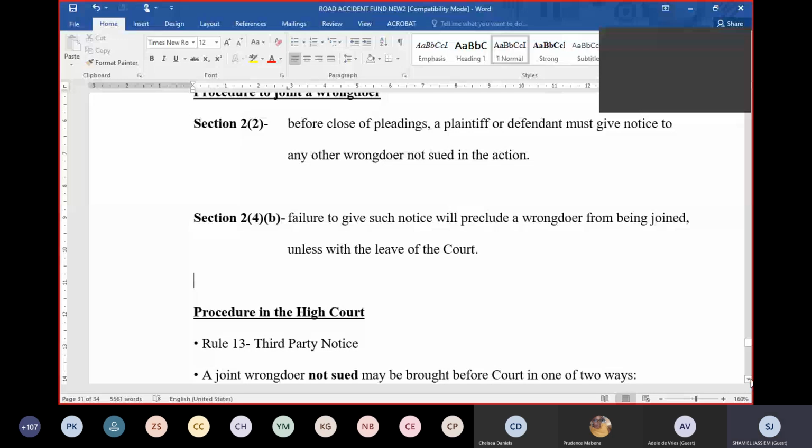Or someone's mic is on. If you can please switch off your mic. Do we know whose mic is on in the background? It's Prudence.